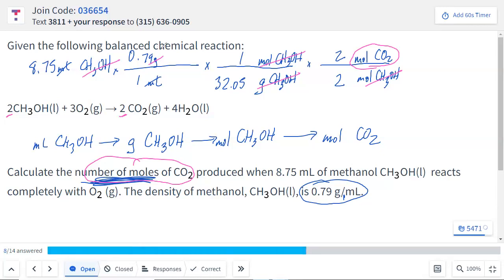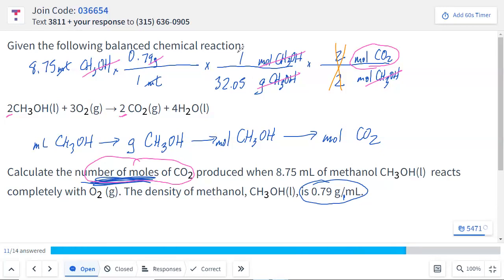Now, one really important note here, things that can save you a little bit of time. If you notice that you've got a conversion that has the same numerator and the same denominator, you can mark that out because they're going to cancel each other out. So instead of multiplying by 2 and then dividing by 2, I'm just going to ignore the numbers there.